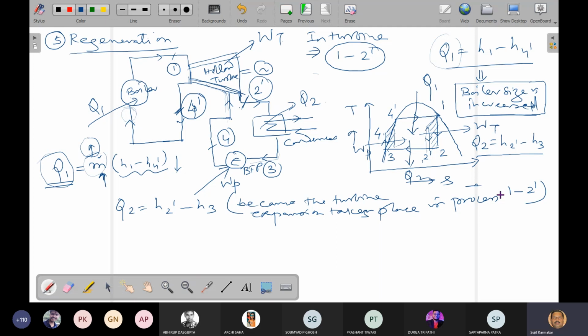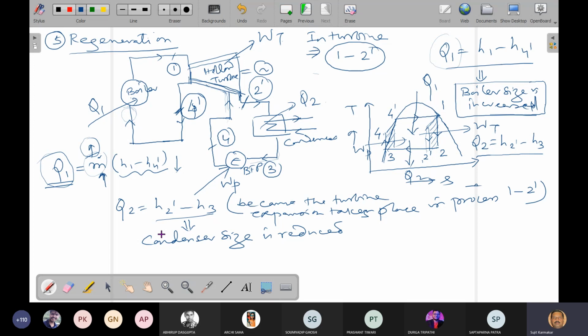All right. So if it is reduced, obviously you can find that Q2 is reduced, this value is reduced. So that's why you can find that the condenser size is reduced. Okay. So boiler size is increased, but the condenser size is reduced in this case.